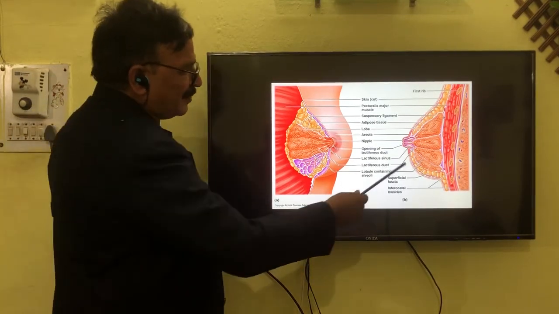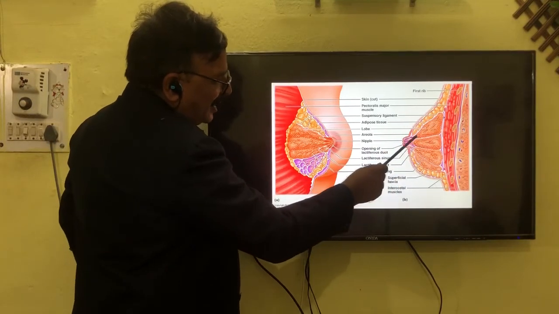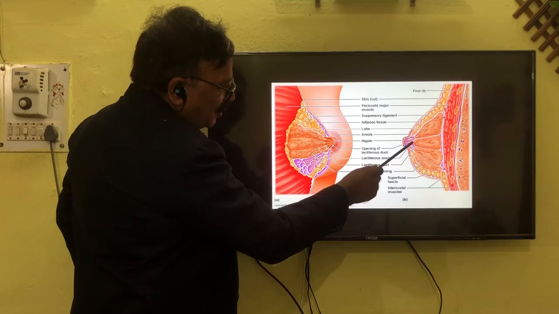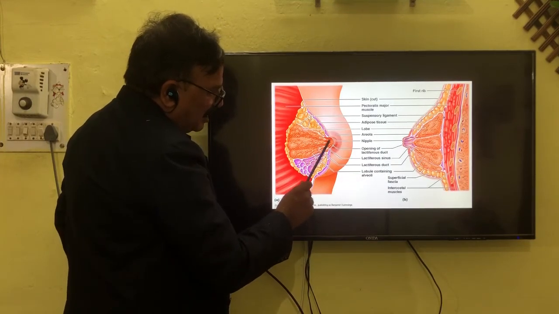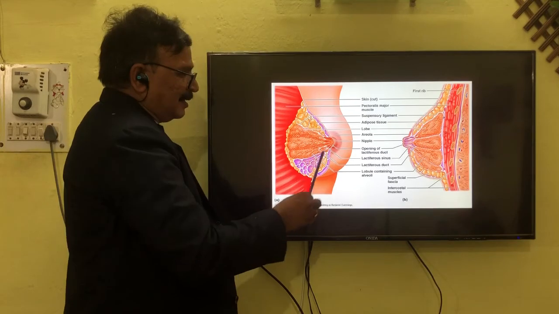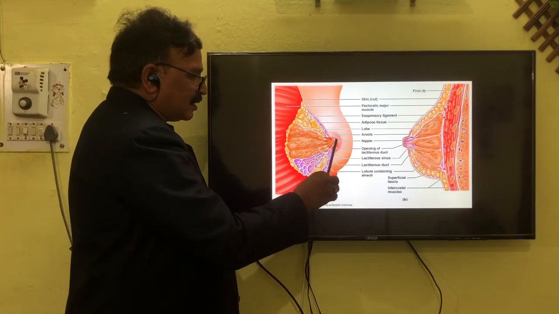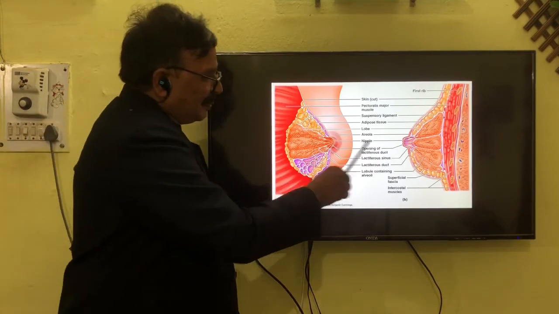You see here. So these are all mammary tubules, mammary ducts, and this is the ampulla. The ampulla opens out through lactiferous ducts, and all the lactiferous ducts open into a small protuberance called a nipple. This is the nipple.